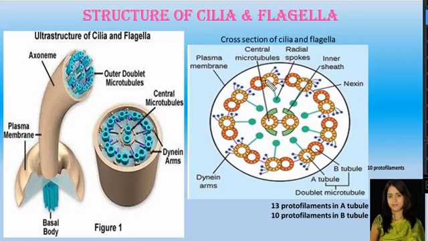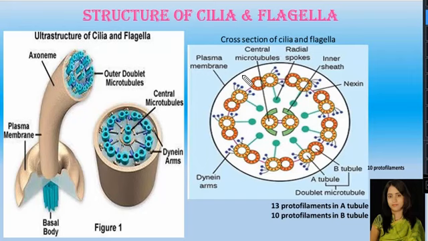In the axoneme there are 9 pairs of doublets radially arranged, and in the center there is one pair or 2 tubules, or I can say microtubules.